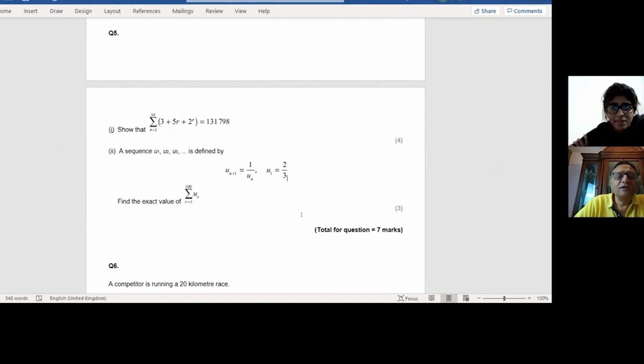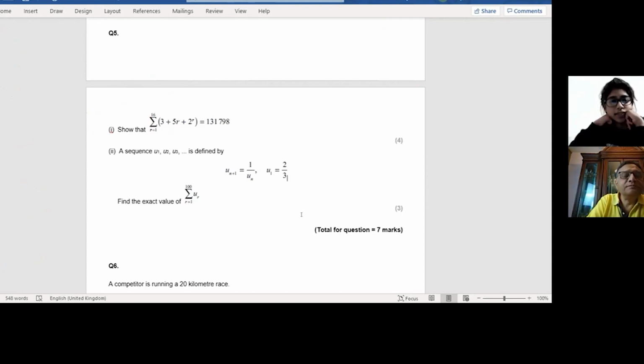Okay, next question. So part 2, it says a sequence U1, U2, U3, and so on is defined by U(n+1) equals 1 over Un, where U1 is 2/3. Okay. So again, Amy, what was the question, please?